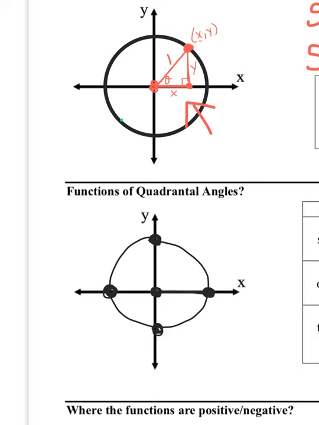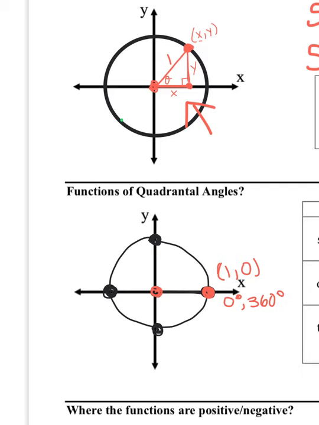So for this first point right here, again, this represents 0 degrees and 360 degrees. If you go from the center to this point, it will be 1, 0, because you moved once to the right and you didn't move up or down at all.